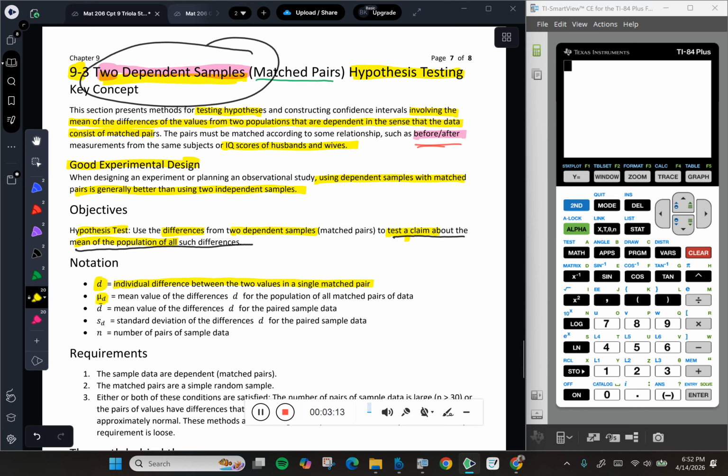Mu sub D is going to be the mean of that set of differences. D bar is going to be the mean for the sample. S sub D is going to be the standard deviation of the differences. And n here is going to represent the number of paired data.